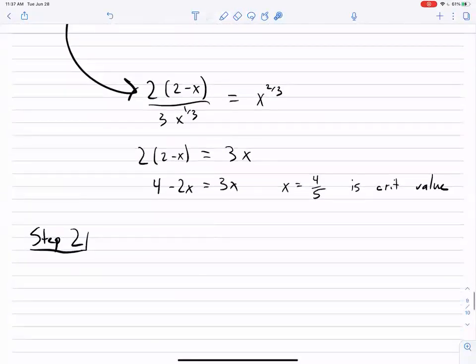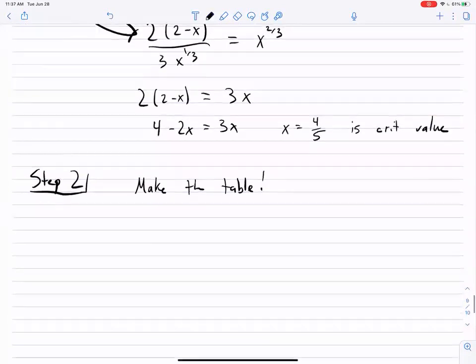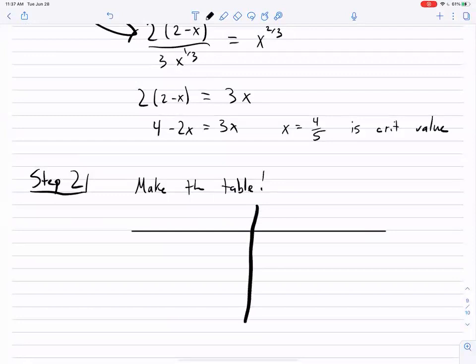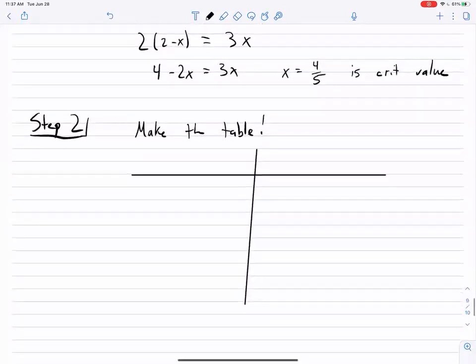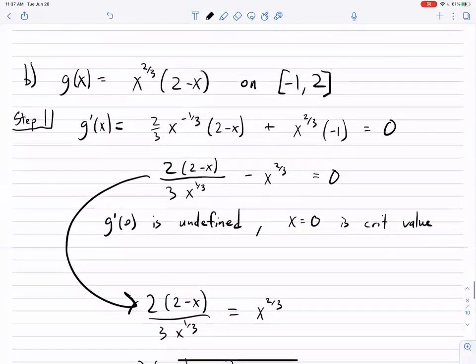So let's make our table. We have x and then g of x. What is g of x again? It's this guy.